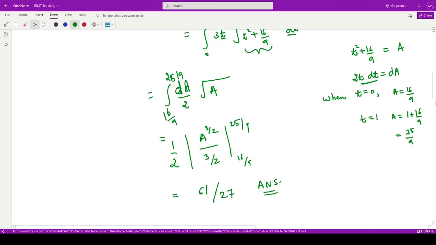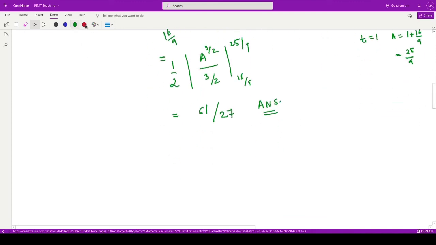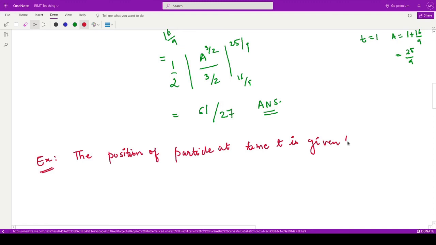So I have one question for you, please note it down. The question is, the position of a particle at time t is given by x is equal to 1 by 3, 2t plus 3 raised to power 3 by 2, and y is equal to 1 by 2 t square plus t.